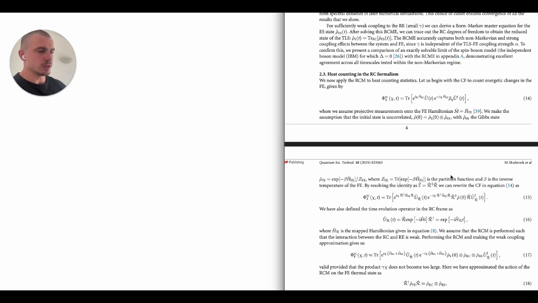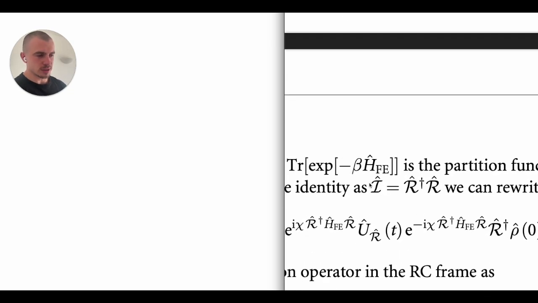So what's really useful is the fact that the characteristic function involves a trace, and the trace is unitarily invariant. So what it means is that we can put in the identity in terms of unitary operators into this expression. So we insert the identity in terms of this operator, which performs the reaction coordinate mapping.